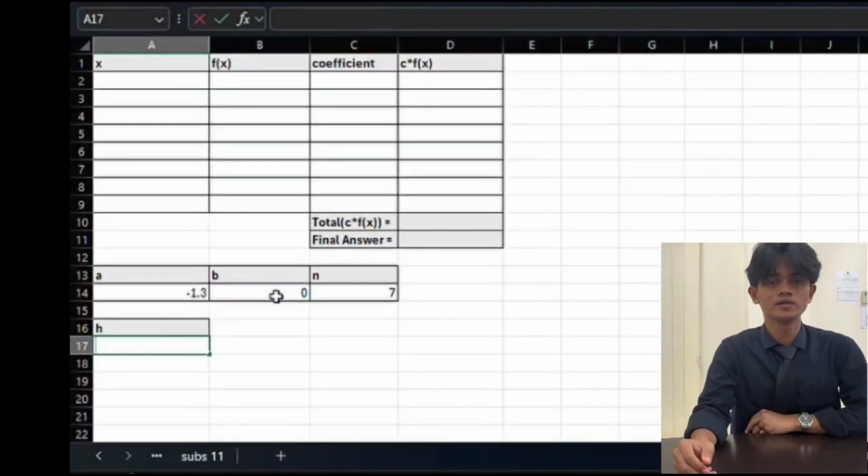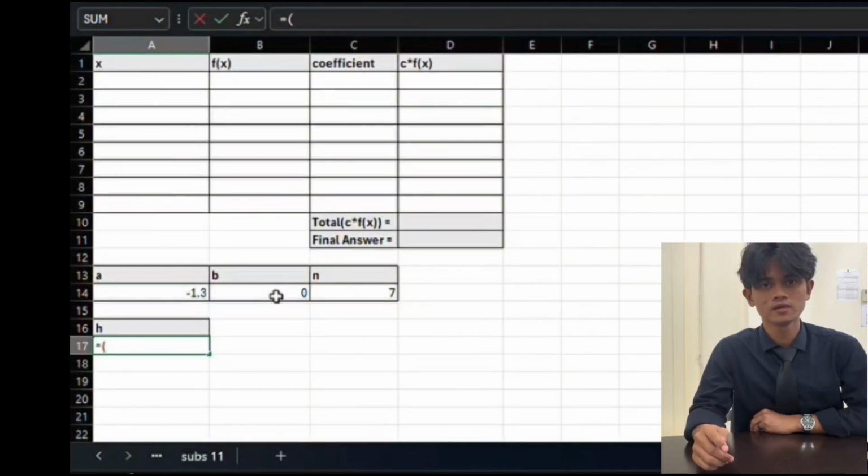In order to find the integral for the graph, we first need to find h, which is h equals (b minus a) over n, where b is the upper limit, which is 0, a is the lower limit, which is negative 1.3, and n is 7. After we find h, we can use it to find x.